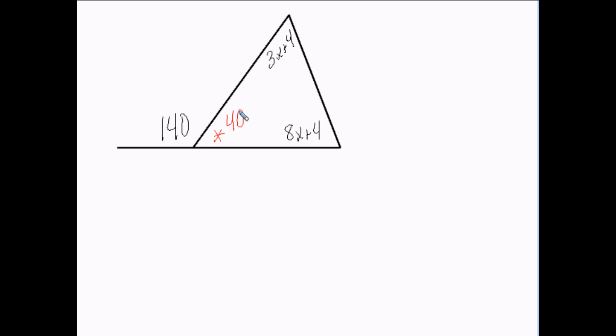Okay, so then I can say that 3x plus 4 plus 8x plus 4 plus 40 equals 180, because the whole inside of the triangle will equal 180, right? Then I can add 3x plus 8x, and then 4 plus 4 plus 40.